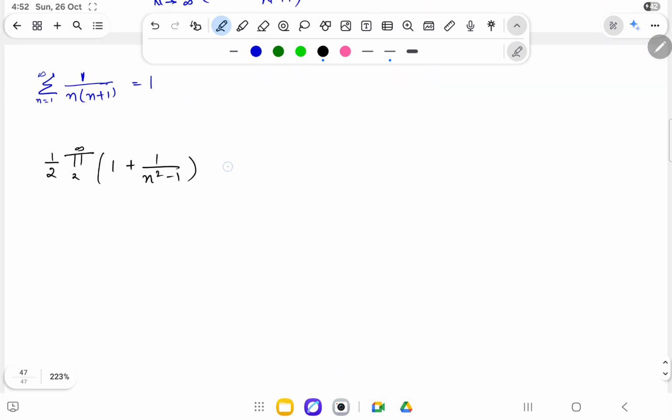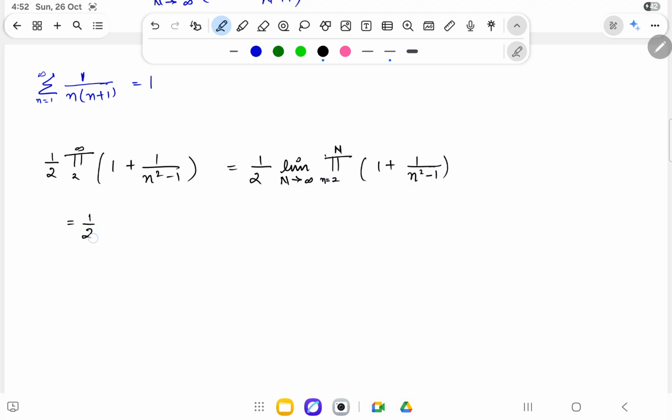Now I can write it as 1 by 2 limit capital N approaches infinity, product from 2 to capital N, because it is humanly impossible to expand it up till infinity. So we'll expand it till N and then we'll check its limit. So it will be 1 plus 1 by n square minus 1.